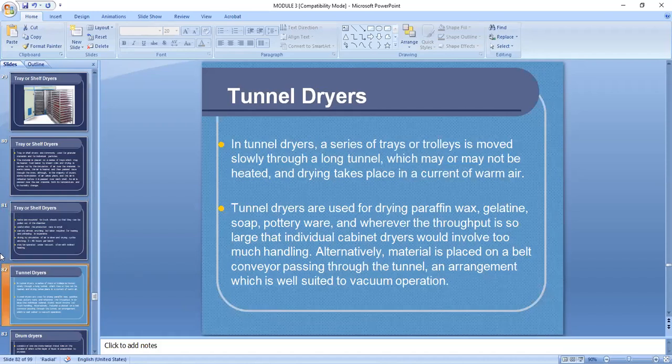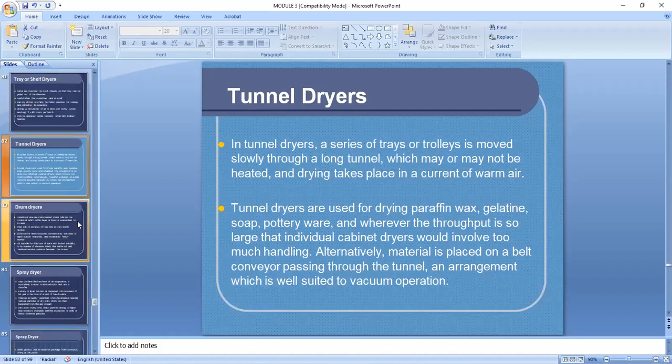Now, for tunnel dryers, this is when you have long tunnels, normally used for fine solids. So in tunnel dryers, a series of trays or trolleys is moved slowly through a long tunnel, which may or may not be heated, and drying takes place in a current of warm air.